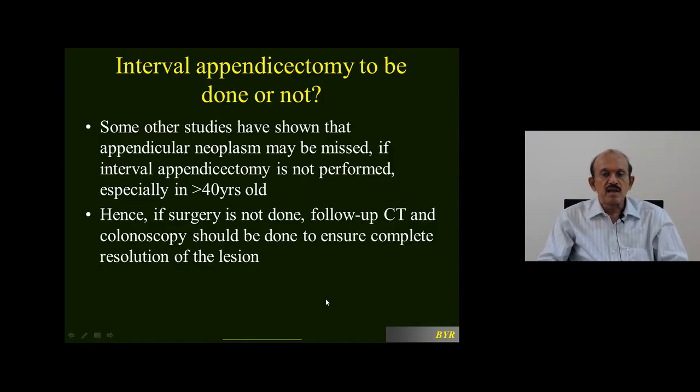If you're not going to do surgery for post-appendicular lump cases, you have to do follow-up with CT and colonoscopy to ensure complete resolution of the lesion. Unless you do a CT scan and find a completely normal appendix without any neoplasm, you cannot be satisfied. Otherwise, you must go for surgery.